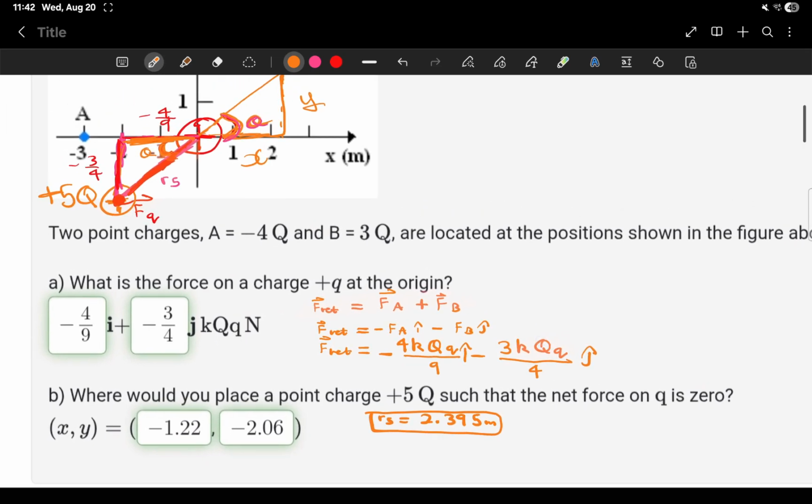Now R5 is the distance between the charge at the origin and the positive 5Q charge. Now we need to technically find the displacement, like the vector, right? So we need to find this angle in order to do that.